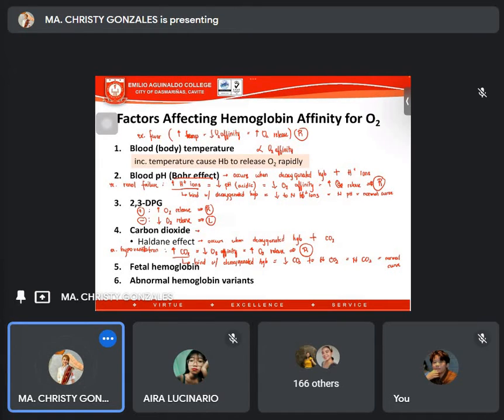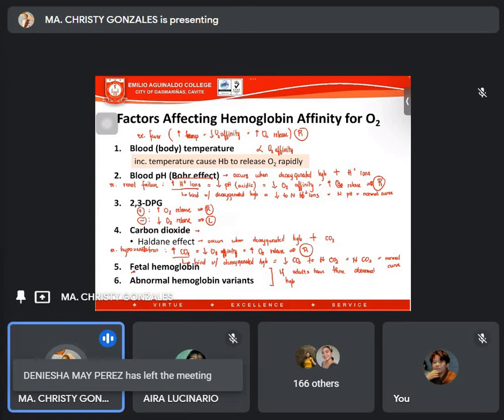Okay? Clear? What about fetal hemoglobin and abnormal hemoglobin? If adult, okay, have these abnormal hemoglobin. Ma'am, why is hemoglobin F abnormal in adults? Okay? The hemoglobin F should only be in minimal amount. Right?